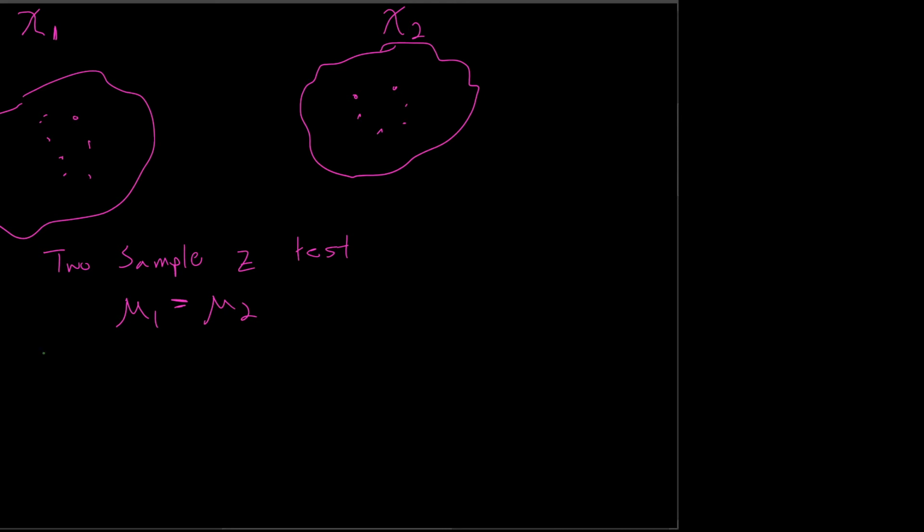Here are the conditions we need to use a two-sample z-test. Both the population standard deviations for both samples are known. Everything is random.